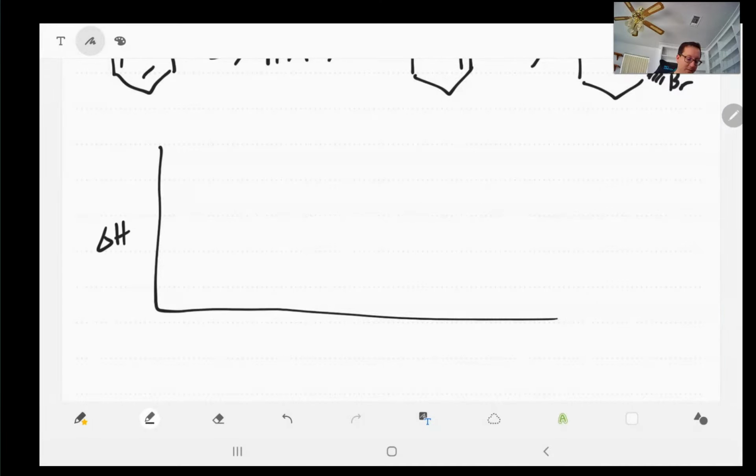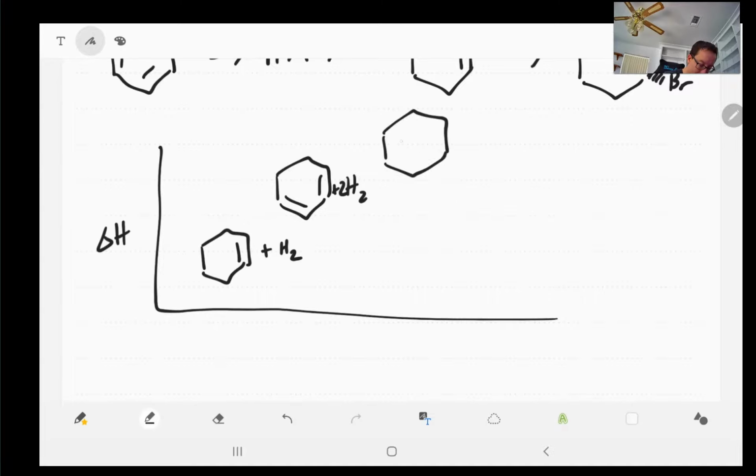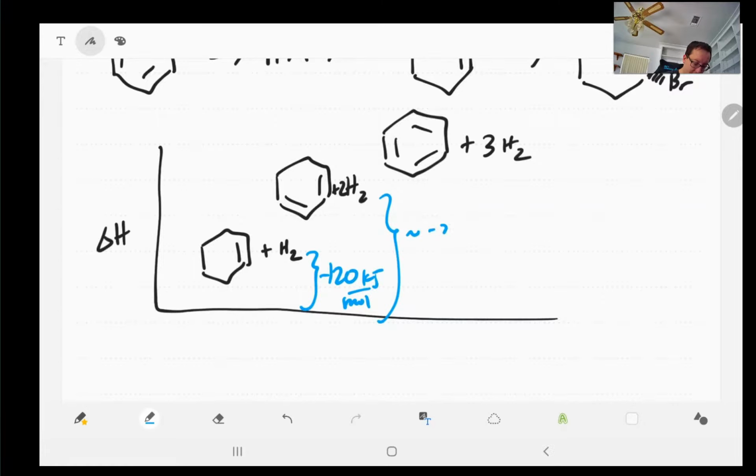If we take benzene, and we were to try and hydrate these, we're going to see that the first two are about, I think, 240.